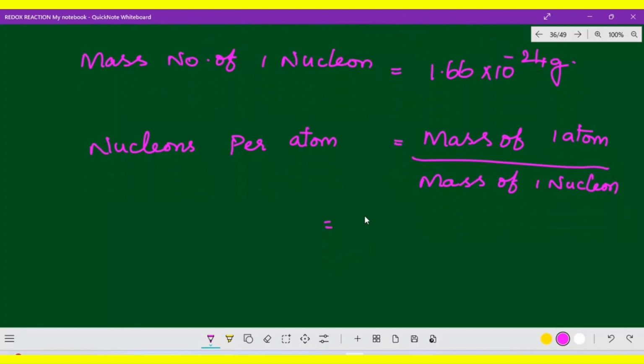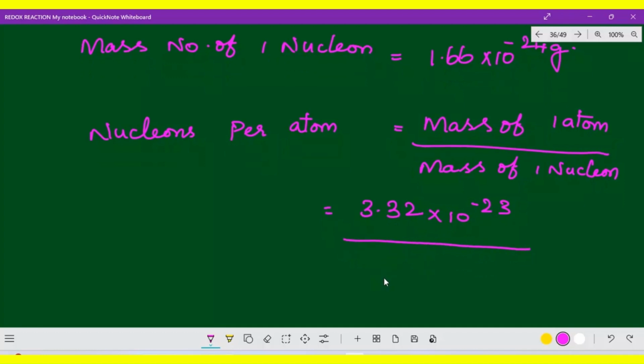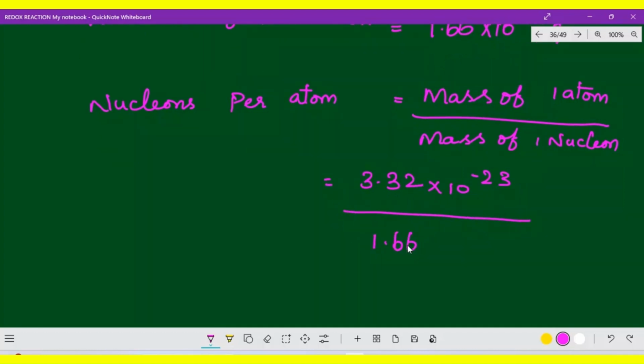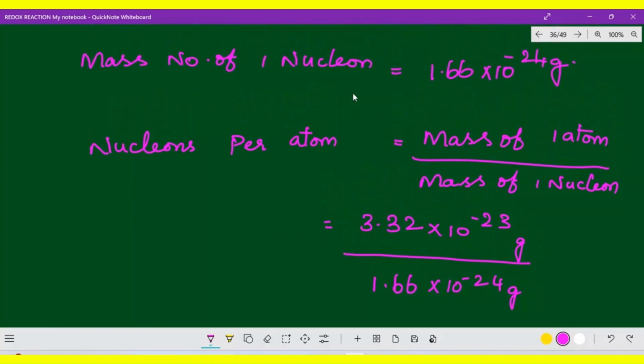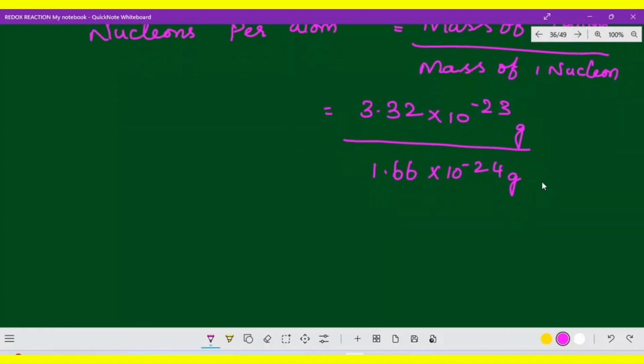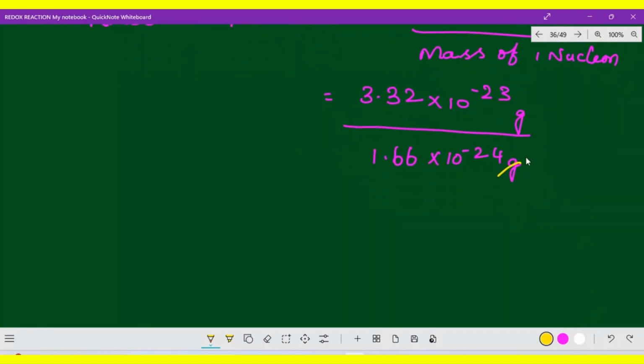In the question it is given 3.32 into 10 to the power of minus 23 divided by 1.66 into 10 to the power of minus 24 gram. This is gram, this is also gram, so gram and gram will be cancelled. Here it is 23, here 24, so when it goes upward you will get 20.